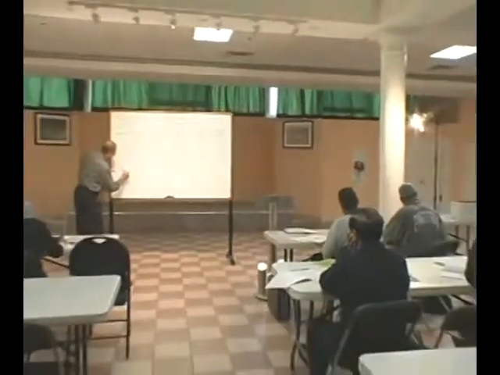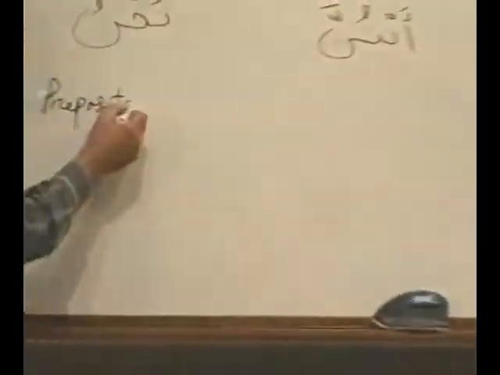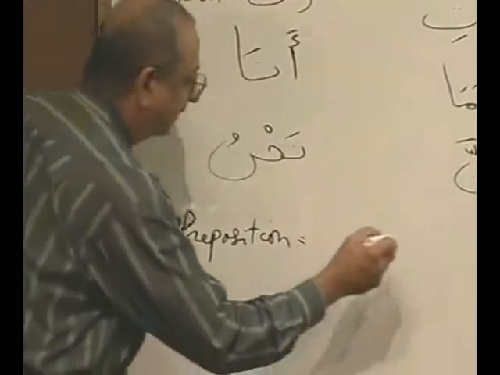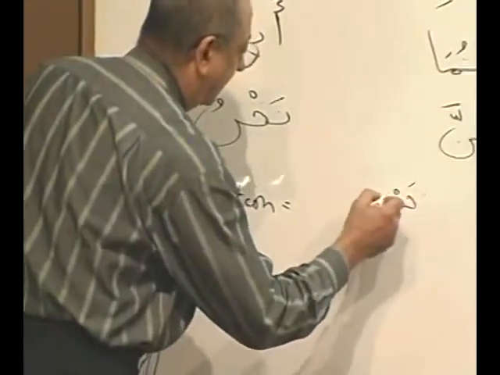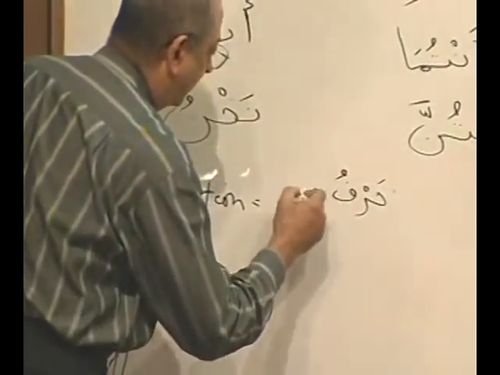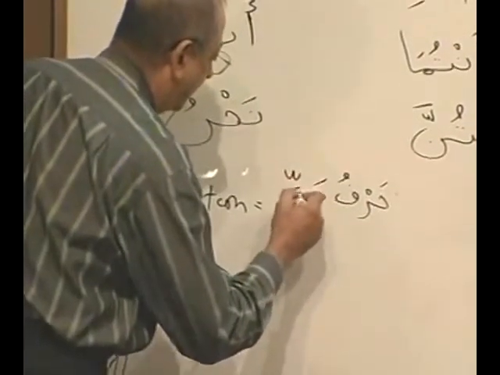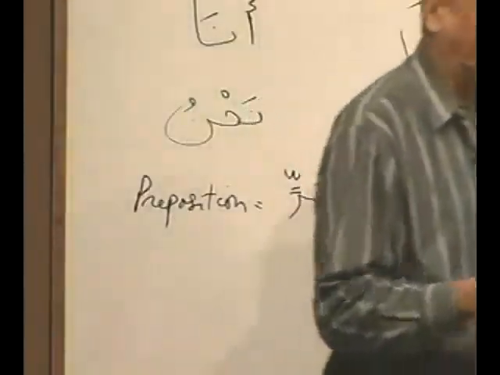What is called preposition in Arabic? Harfu jarrin. Yani, a particle that pulls down. Are you with me, brothers and sisters? I'll write down here for you: preposition means harfu jarrin, particle of pulling down.